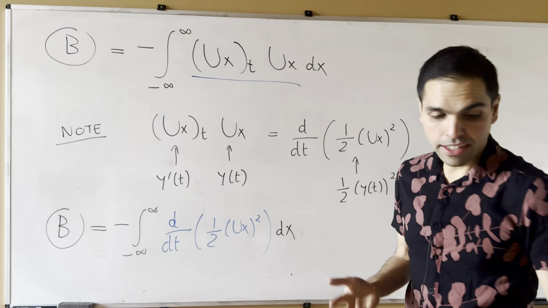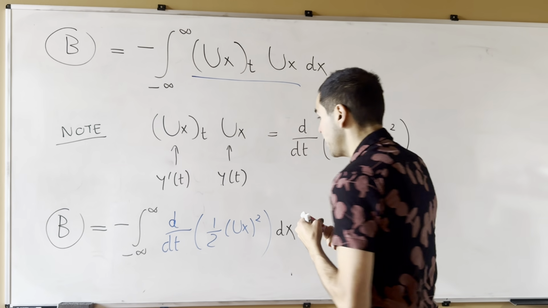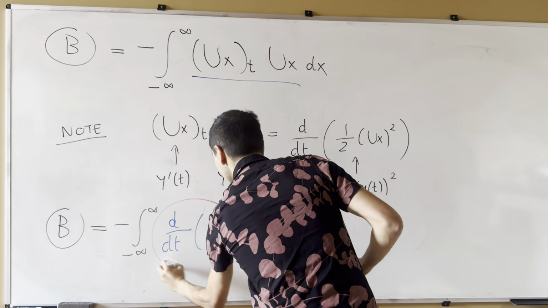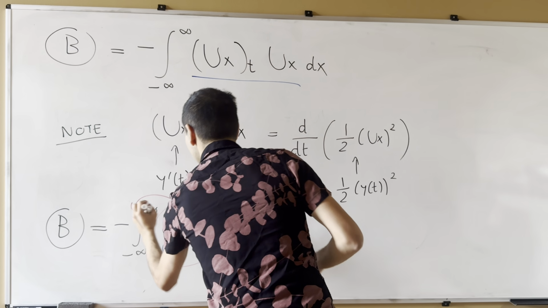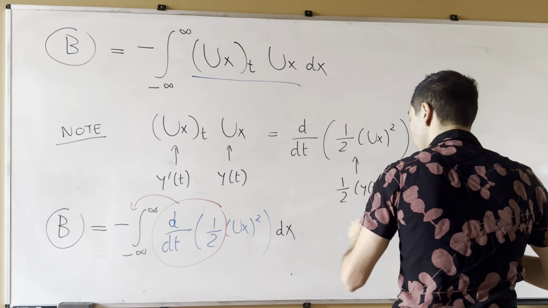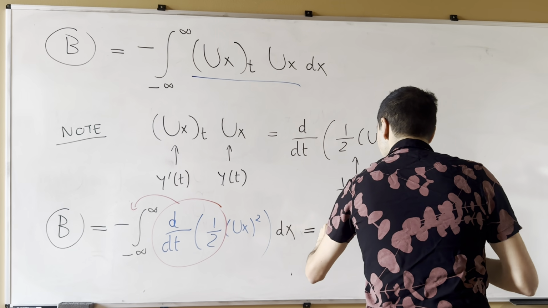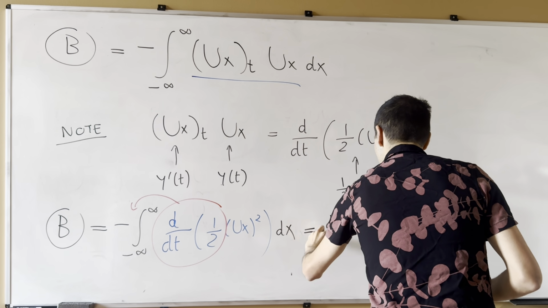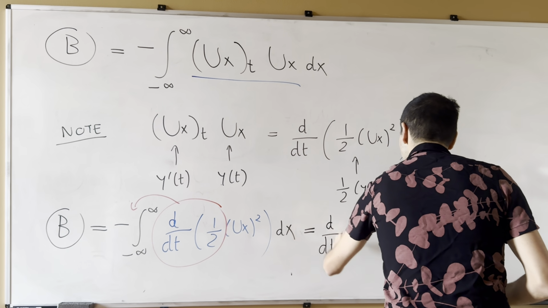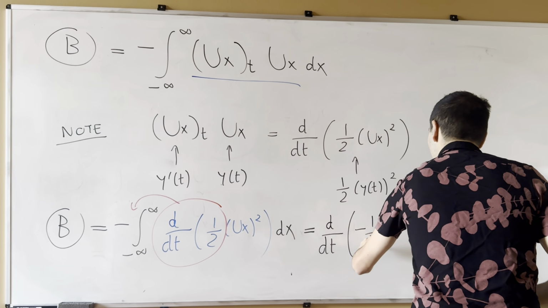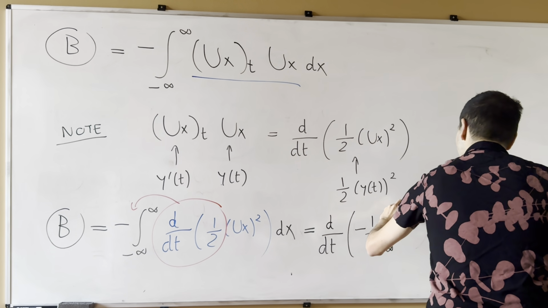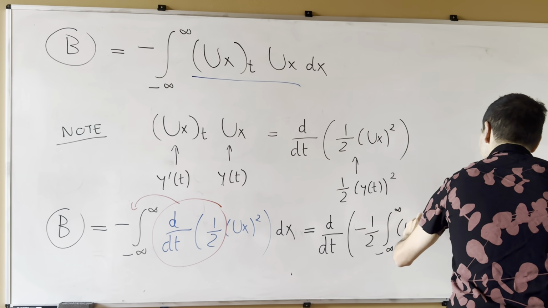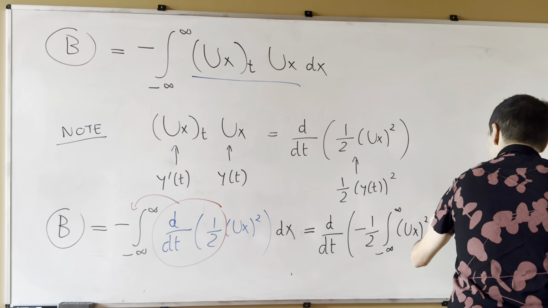And just like before, we can take out the d over dt and the 1/2. So what we're left with is d over dt and then minus 1/2 integral from minus infinity to infinity of ux squared dx.